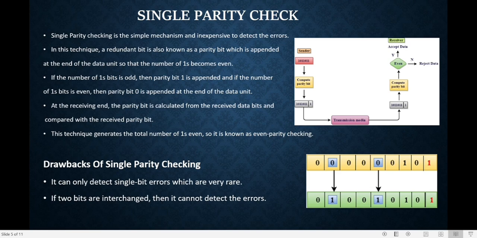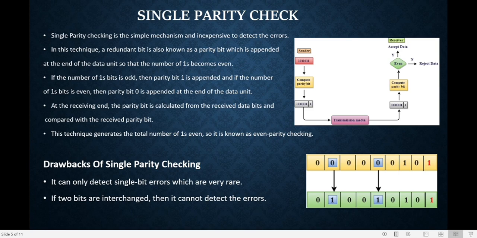Now at the receiving end, the parity bit is calculated from the received data bits and compared with the received parity bit. This technique generates the total number of ones even, so it is known as even parity bit.